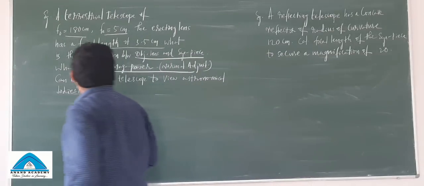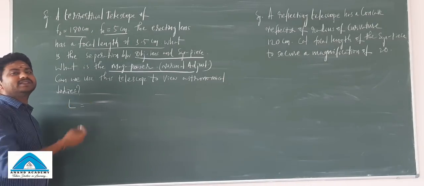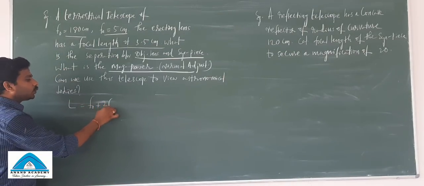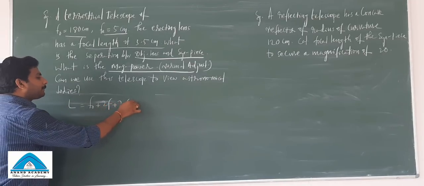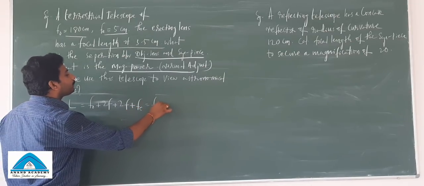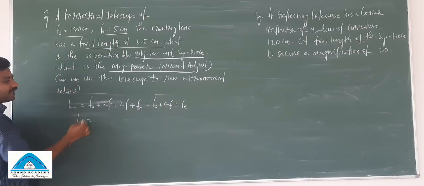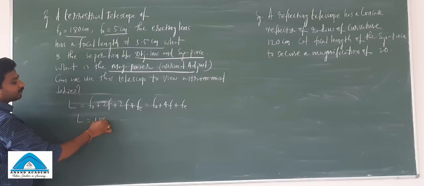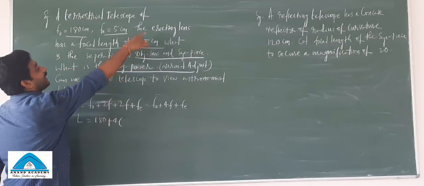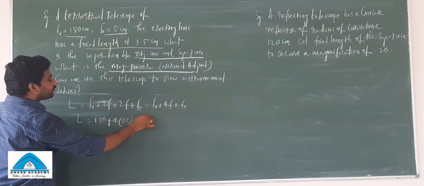What is the first part here? The length of the telescope. When the image is forming at infinity, it is f naught plus 4f plus fe. I hope you remember this. Let's write: L is equal to f naught, which is 180 centimeters, plus 4 times f, where f is the focal length of the erecting lens, 3.5, plus the focal length of the eyepiece, 5.